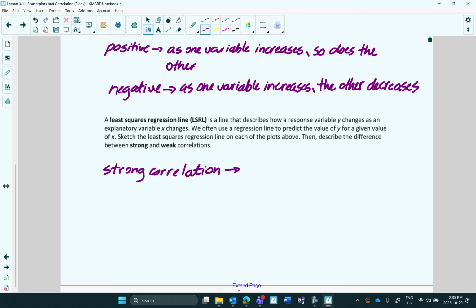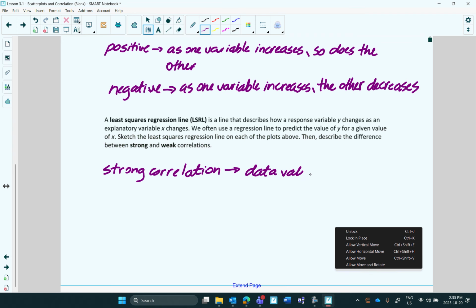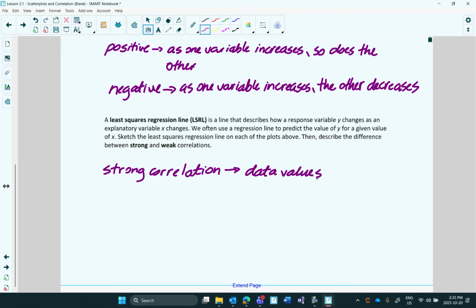So in a strong correlation, the data values or the points are close to the LSRL, and often we'll just use the abbreviation for least squares regression line, instead of writing the whole thing out all the time. Or we'll just say regression line if we assume we're talking about least squares.